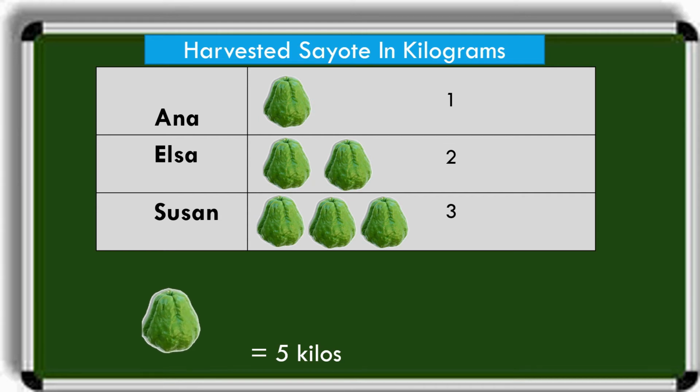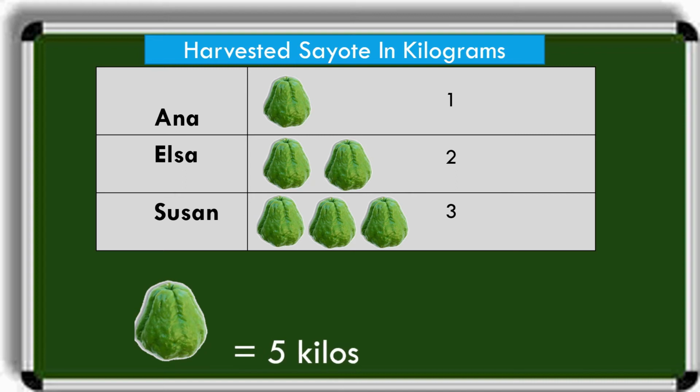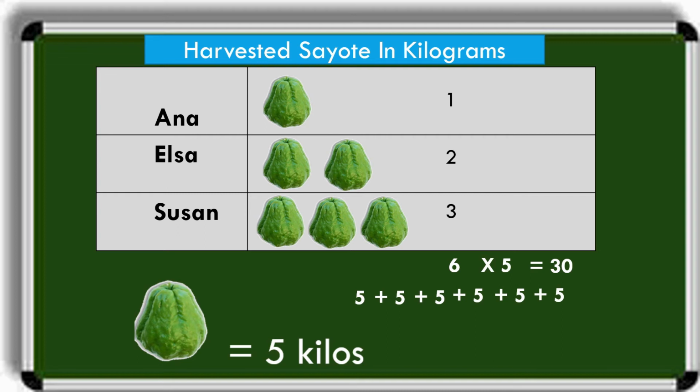And 1 sayote is equal to 5 kilos. Therefore, 6 times 5 is equal to 30. Another way is to add. 5 plus 5 plus 5 plus 5 plus 5 plus 5 is equal to 30.